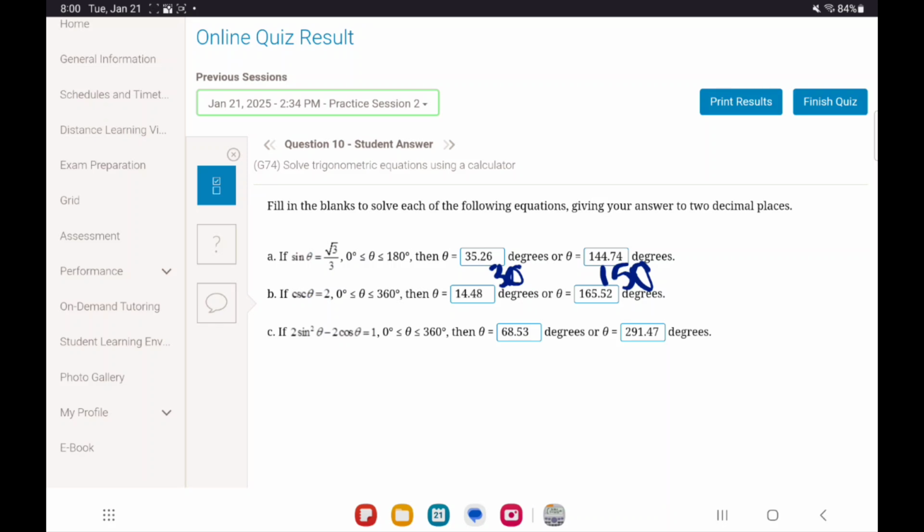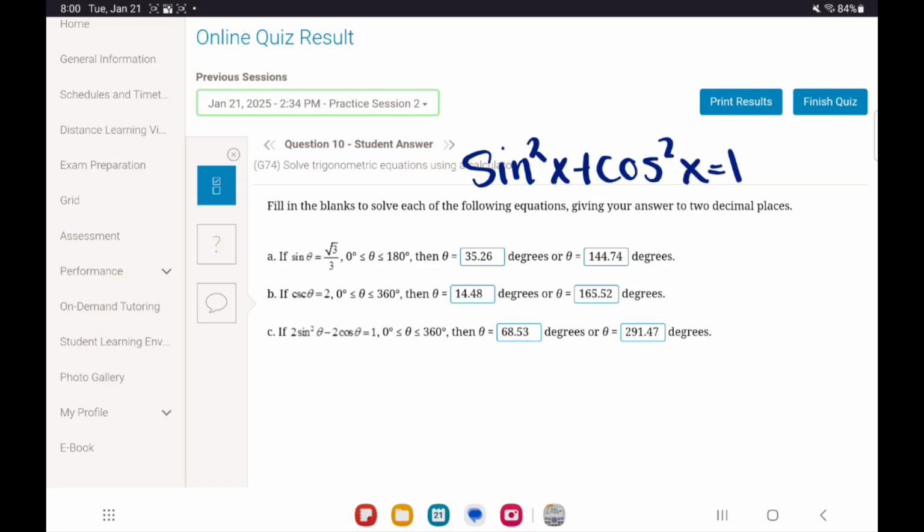Now, for C, there is an identity that goes like sine squared x plus cosine squared x equals 1, okay? So we fill it into this place, okay? We shift it around a bit and fill it in. We want to replace sine squared, so we need to have sine squared on this side, okay?